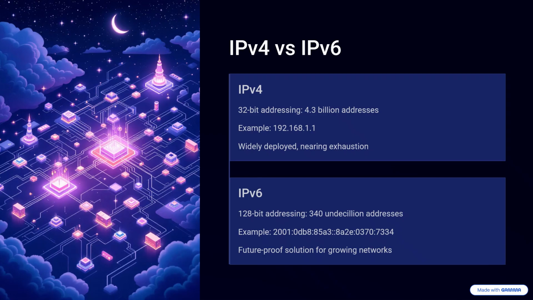However, it is running out of available addresses. There are more computers now, so you need a lot of IP addresses which cannot be sustained by IPv4. IPv6 solves this problem with 128-bit addressing. It allows an enormous number of devices. IPv6 is more efficient, secure, and future ready. As the number of connected devices grows day by day, IPv6 adoption is becoming increasingly important.